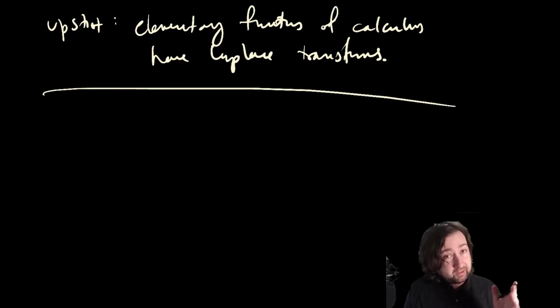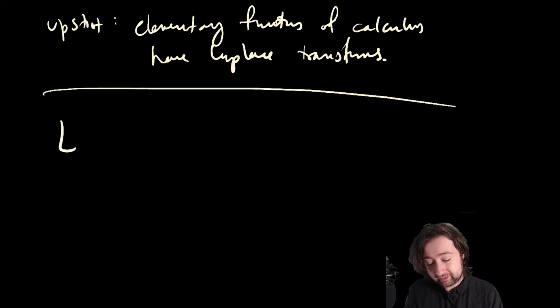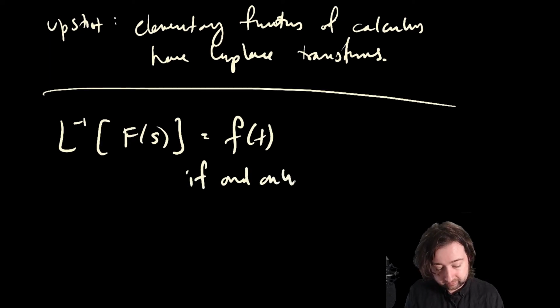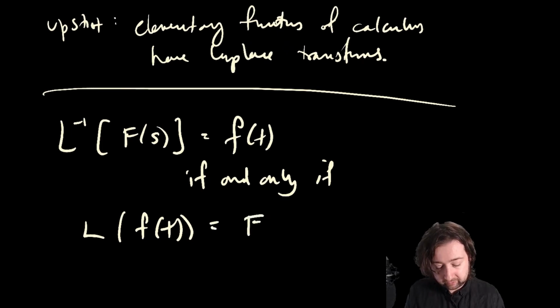Now, this is going to seem like kind of a cop-out, the way I'm going to define this, but this is the same way that we defined antiderivatives for the first time. We're going to say that a function has an inverse Laplace transform if it is the Laplace transform of some function. So L inverse of F(s) is said to be equal to f(t) if and only if the forward Laplace transform of f(t) is equal to F(s).